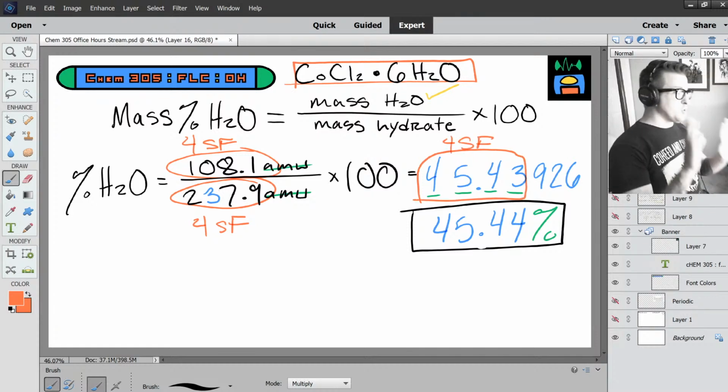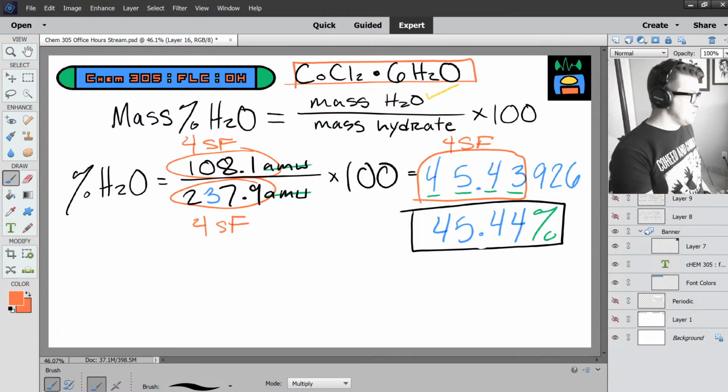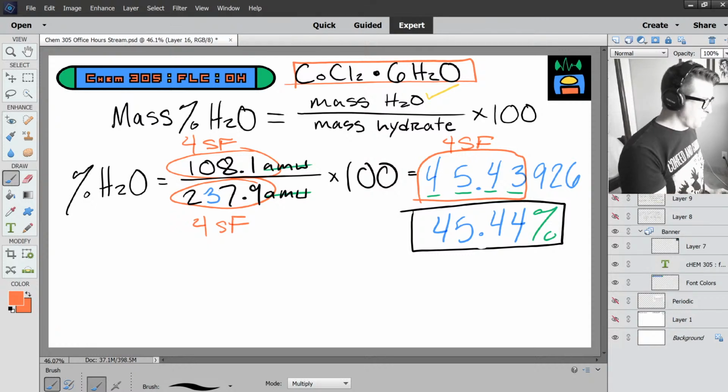When you're multiplying, you don't look at the number of decimal places. You only look at the total. And so since we have 4 and 4, the answer must have 4. So it doesn't matter how many decimal places you have. You just have to end with 4 sig figs. Okay, yes, 45.44, totally solid. That's what I got too.